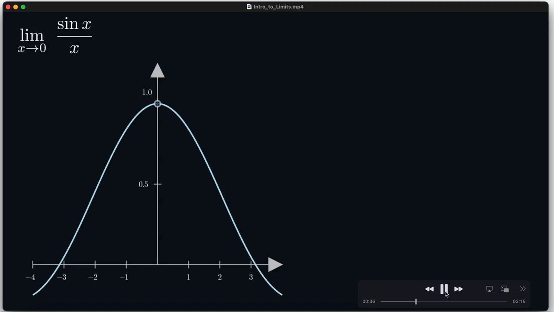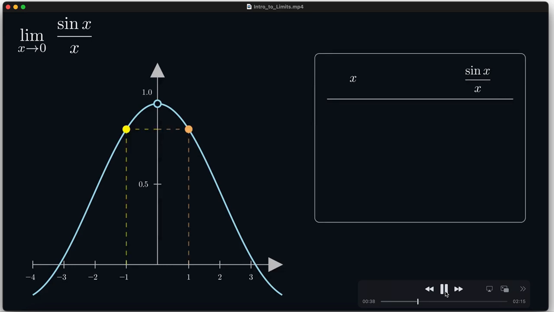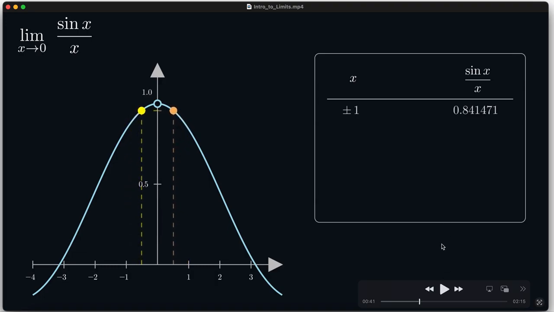Here's another example. If I look at this function, sine of x over x, notice if I plug in 0, it's 0 divided by 0. So the function is not defined at 0. When x is 0, there's a hole there. But notice if I plug in some points into the calculator, here's a table on the right. If you plug in plus or minus 1, I get 0.84.